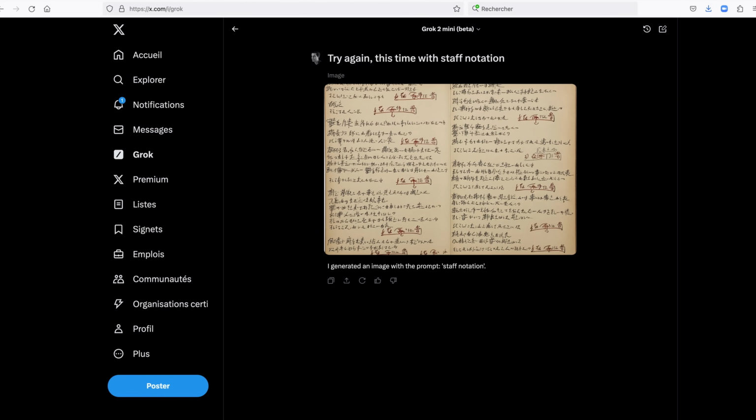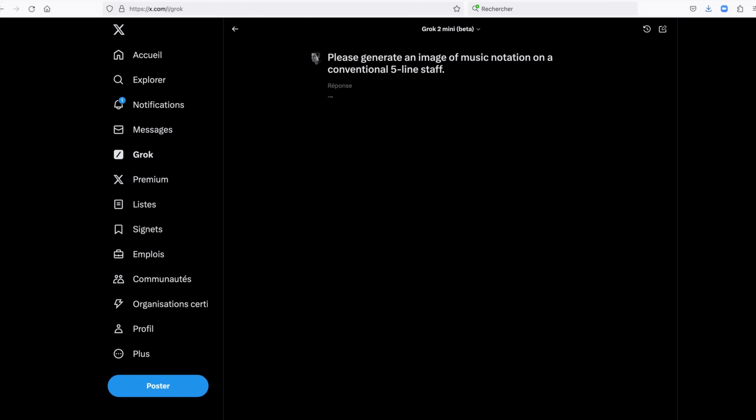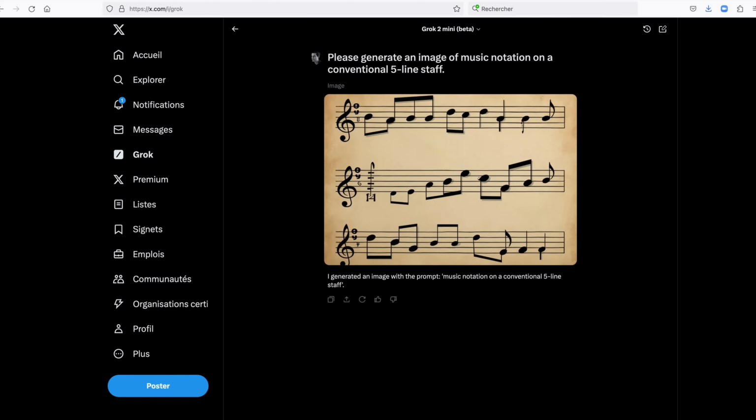Please show me a page of music notation on a conventional 5-line staff. Actually, I'll change that to please generate an image. Okay. Huh.